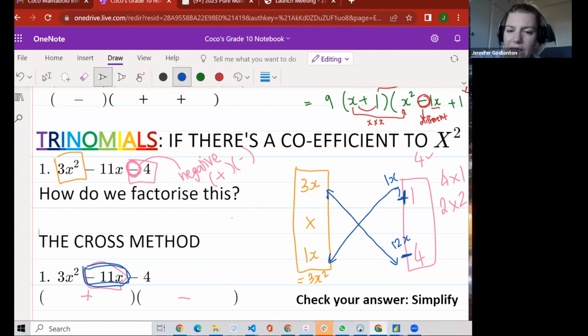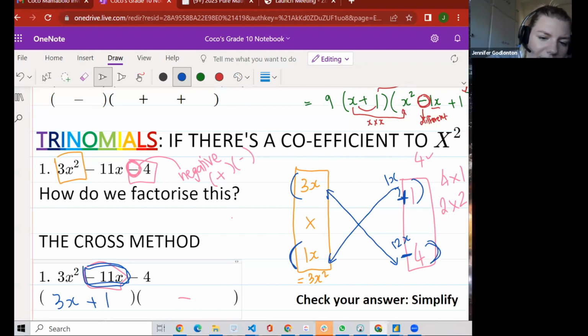And then this tells you exactly what's going to be in what bracket. So that's my first bracket. I'm going to have 3x plus 1 in my first bracket. And then in my second bracket, I'm going to have 1x or x minus 4. And that's going to be my final answer.